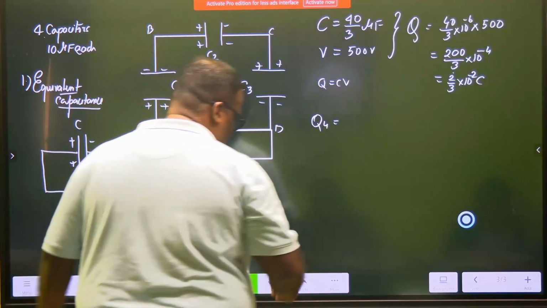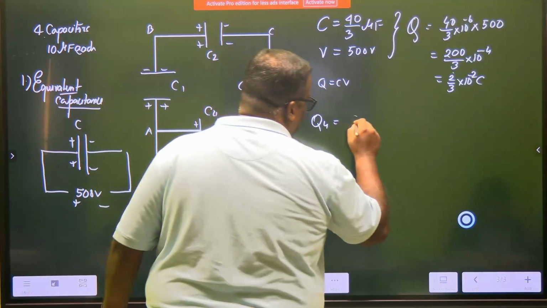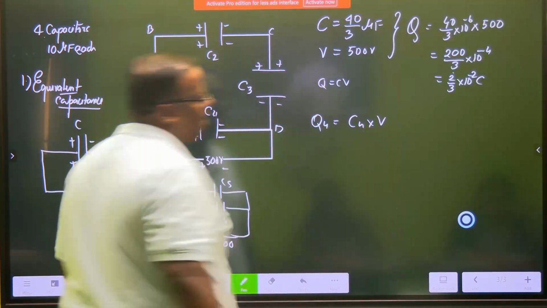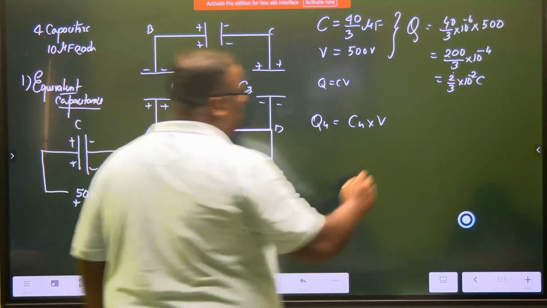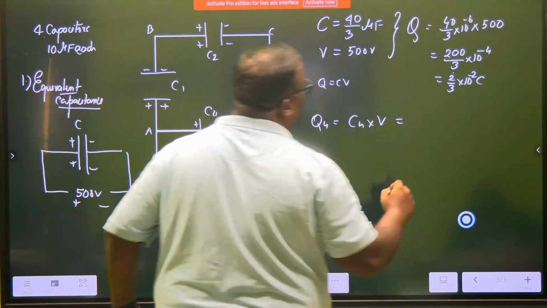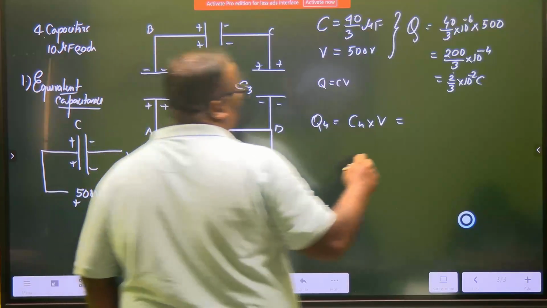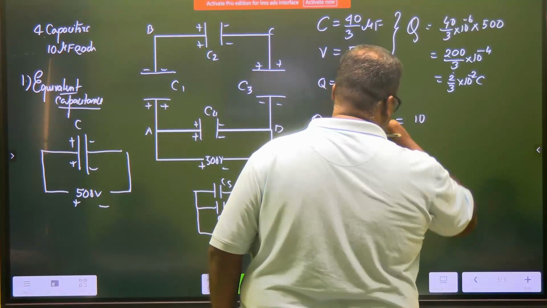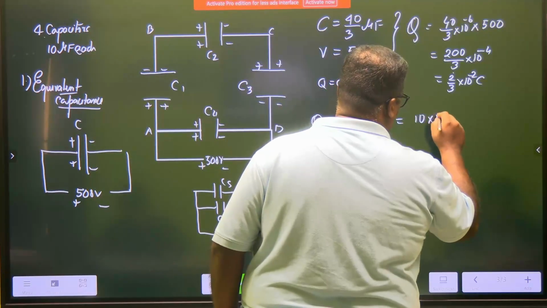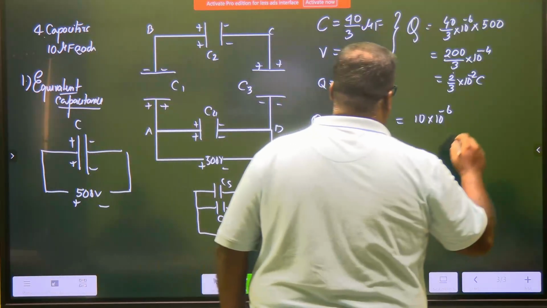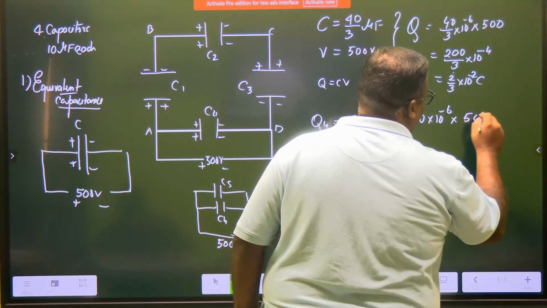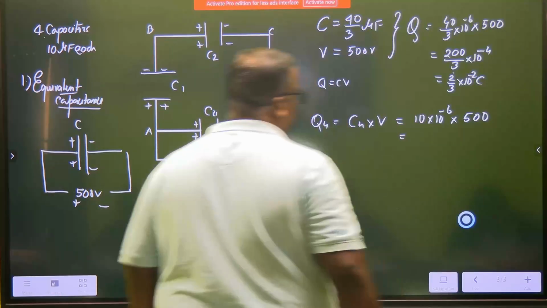Let's say for Q4 will be C4 into V. Agreed or not? C4 into V means how much was C4? 10 into 10 to the power minus 6, multiplied by 500. So how much are you getting?